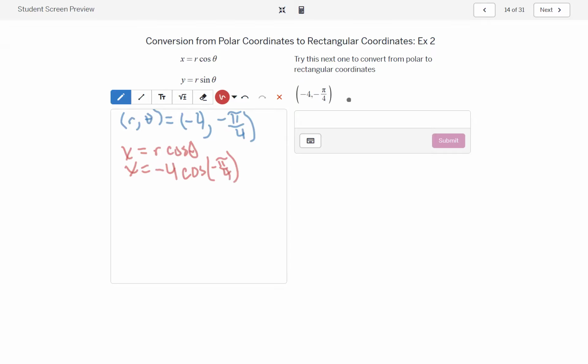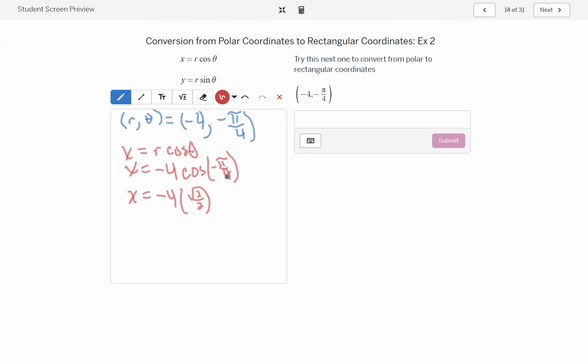Now, you will have a unit circle chart on the test, so you can look at it and reason through where is negative pi over 4? It's actually in quadrant 4. So negative pi over 4 is coterminal with 7 pi over 4. So we can just use the cosine coordinate for 7 pi over 4, which is positive square root of 2 over 2. But you can also use your calculator to remind you of that.